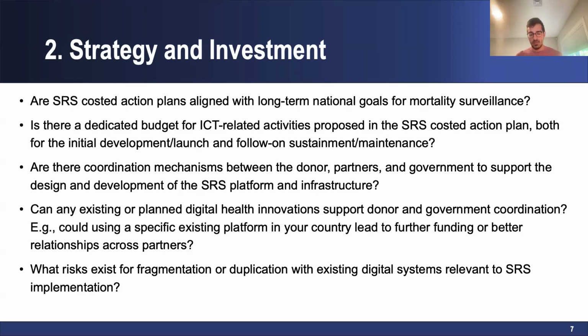So if you're already using a certain system, does that create a stronger link between your program and a certain donor or another program that has real strength? And the last question here focuses on fragmentation or duplication. We don't want to continuously be building new systems that all do one type of thing. So is there any way for strategy and investment that we can get around that?